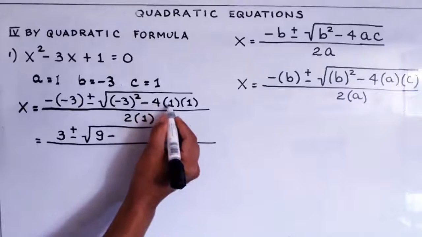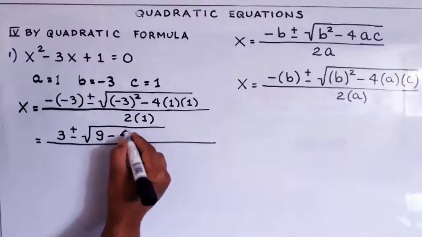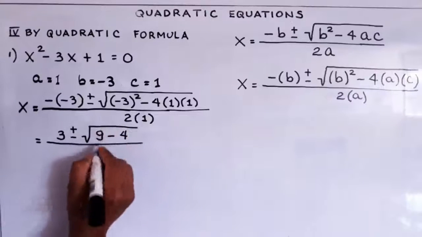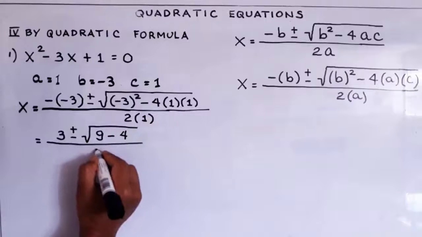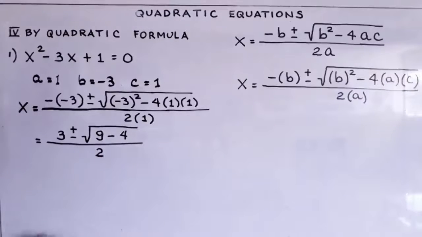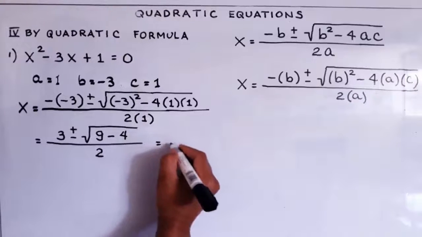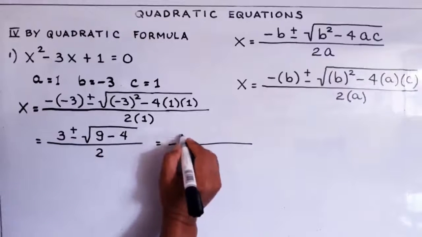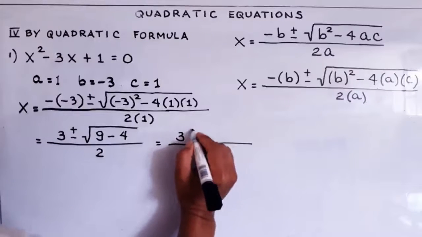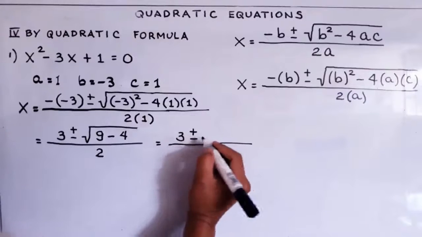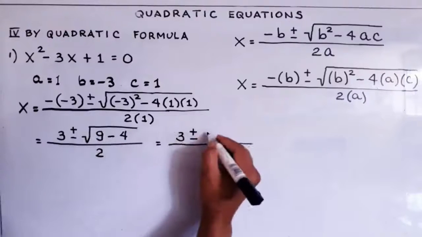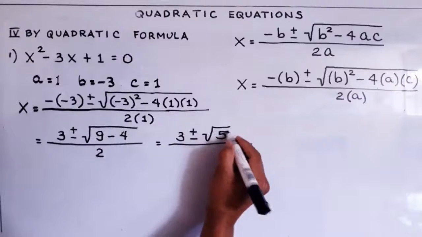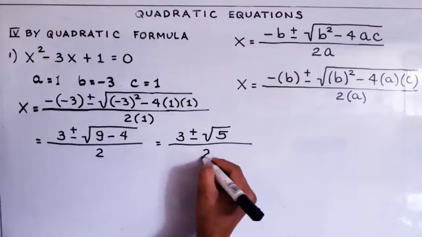So 4 times 1 times 1 is 4, all divided by 2 here. So expand it like this. We still have the 3 here, plus and minus, and 9 minus 4 is the square root of 5, divided by 2.